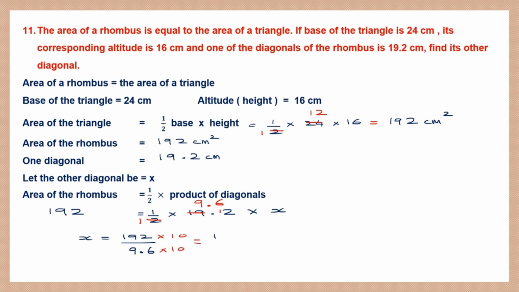We get 1920 divided by 96. So when you divide this, you will see the answer is 20. So we have found the value of x. And what is x? The other diagonal. We said let the other diagonal be x, and we have found it to be 20. So the other diagonal is 20 centimeters. So this is our final answer.